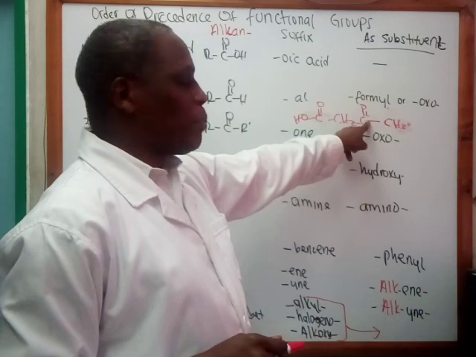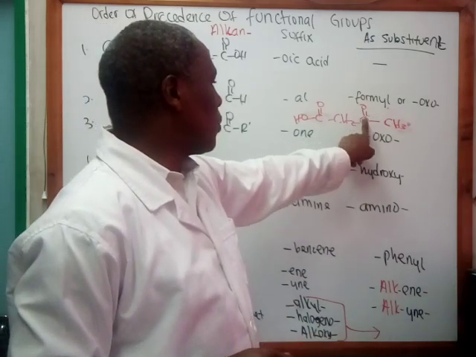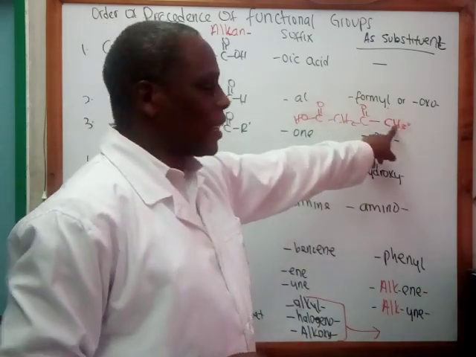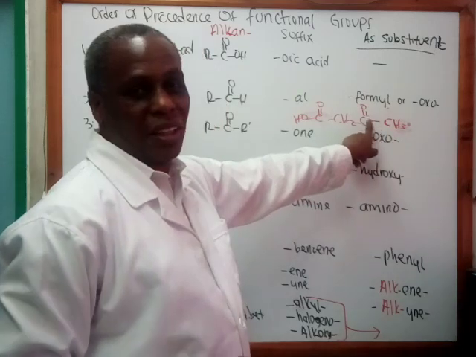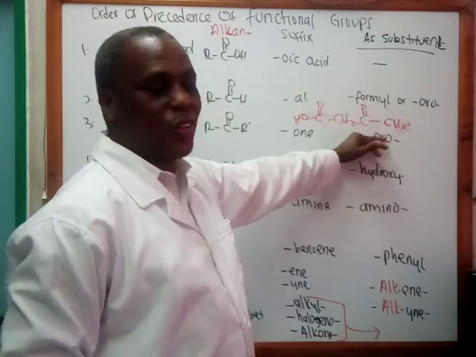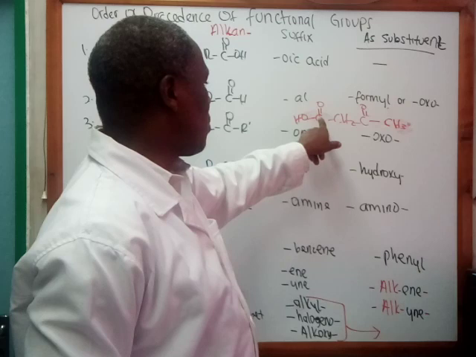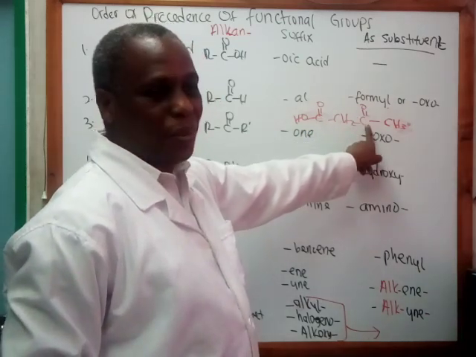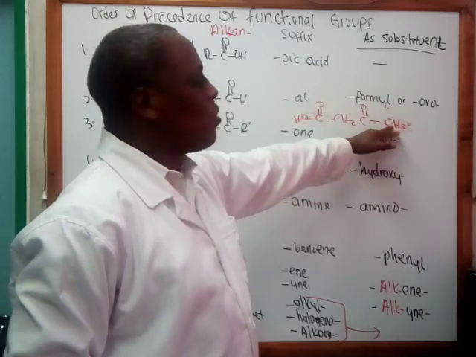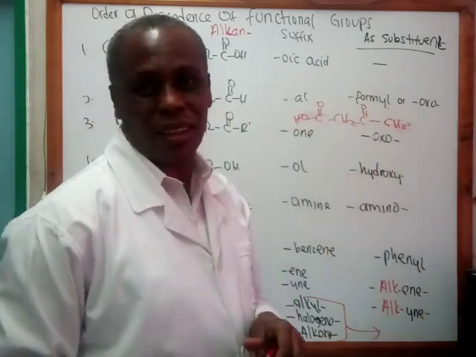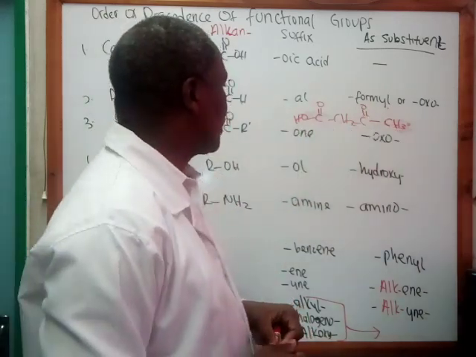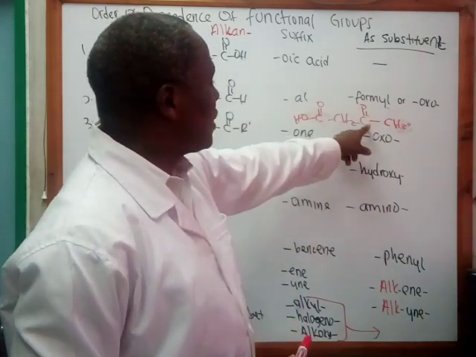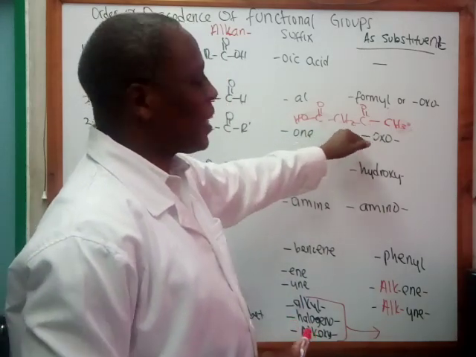So what type of functional group is this? It's a ketone, because there is a carbon on this side and a carbon on the other side. So this is a ketone. If I'm going to use the word oxo, this will be carbon number 1, 2, 3. So it means that the carbonyl group is not on carbon number 4, but it's on carbon number 3. Is that okay? So in this case, you're going to say this is a 3-oxo.